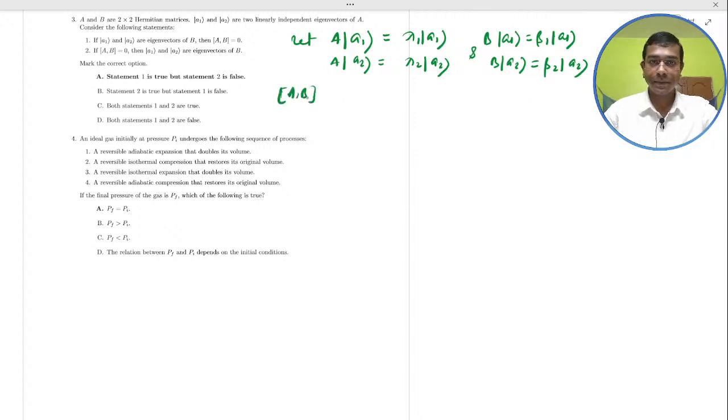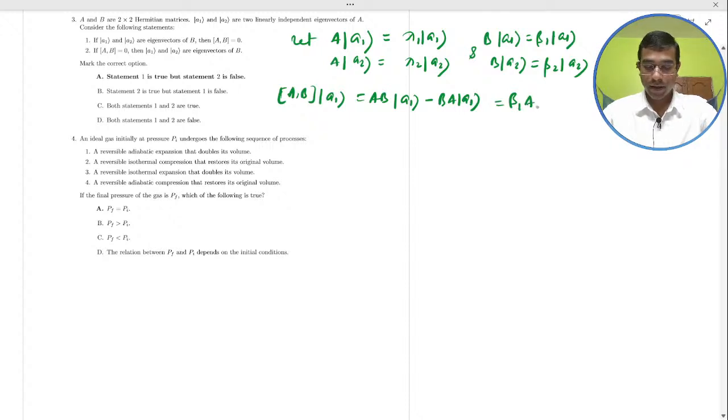the commutator of A and B acting on A1 is basically AB acting on A1 minus BA acting on A1. Okay, this is equal to beta 1 A acting on A1 minus, put this value, lambda 1 B acting on what?